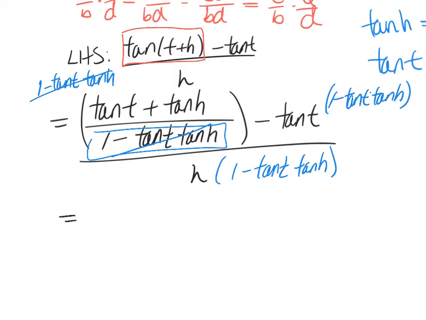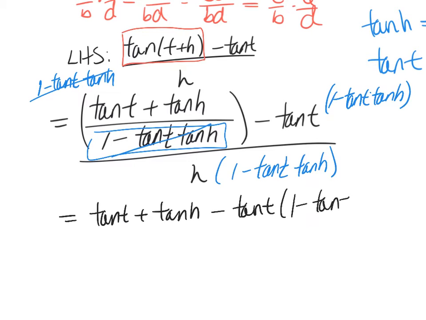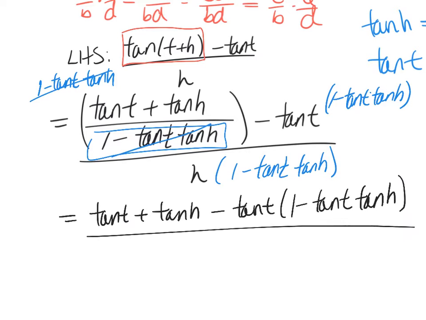I end up with the tangent of t plus the tangent of h minus the tangent of t, 1 minus the tangent of t, tangent of h, all over h, 1 minus the tangent of t, the tangent of h.